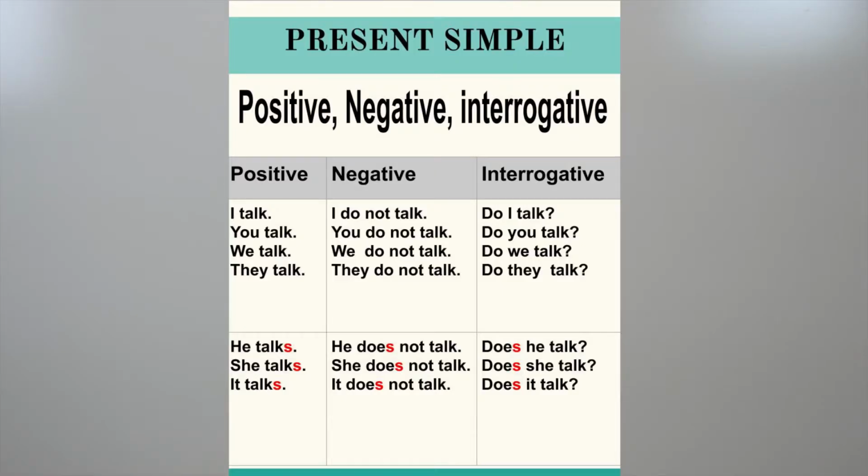In any of the present tenses, you can form positive, negative, or interrogative, which means a question, with the sentence. Let's look at the chart at some of these examples. Here you see some examples of the positive, negative, and interrogative examples.